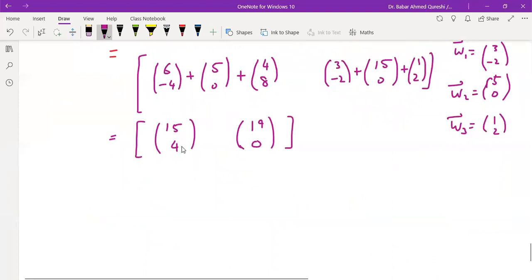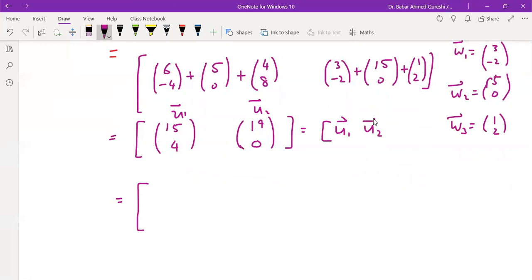So you get this, and these are just the vectors in your new matrix which you have got. So I can even give them some name. And you can remove these parentheses when you are writing the matrix in your usual notation. So this matrix is just a matrix of these two vectors.